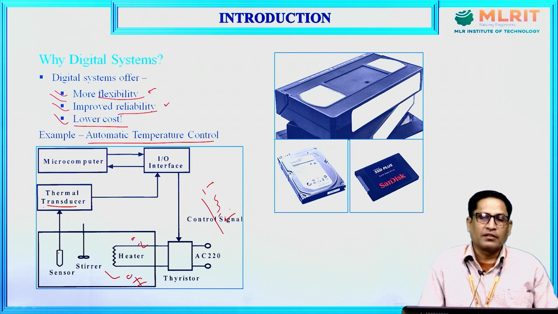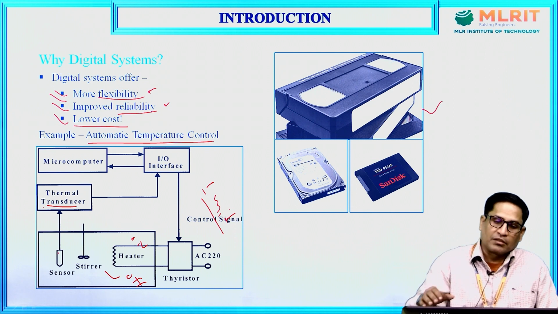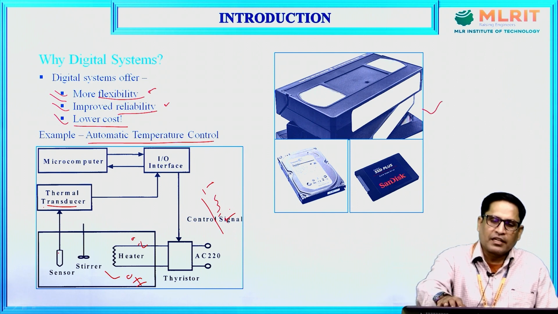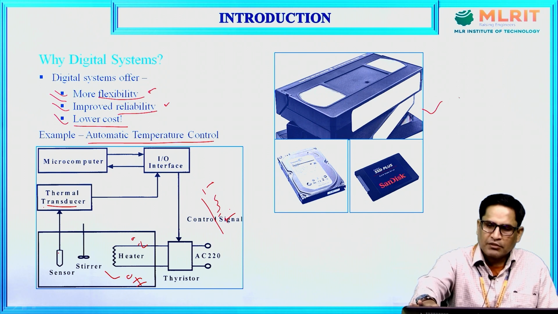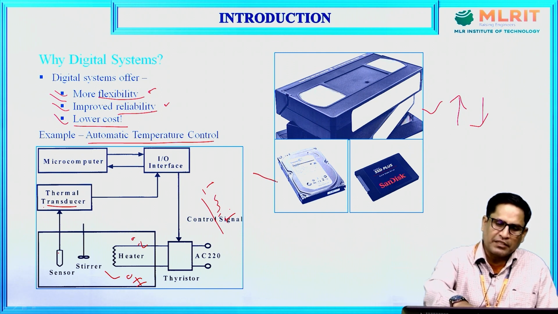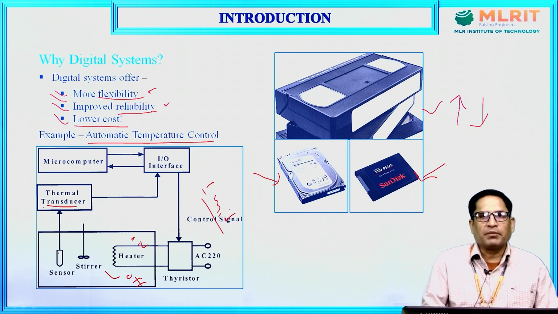Here we also have the video cassettes which we used earlier. Look at the size and capacity. Size was very big, but the capacity was less. But as the technology improved, these things were replaced by hard disks, and nowadays hard disks are also replaced by semiconductor memory.